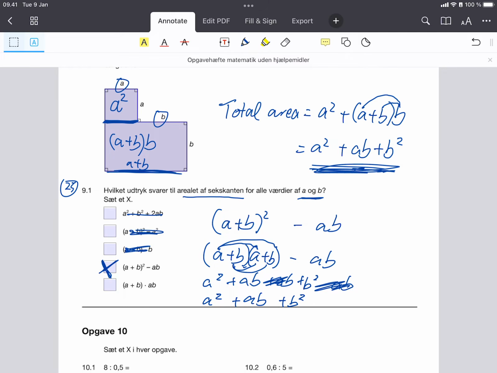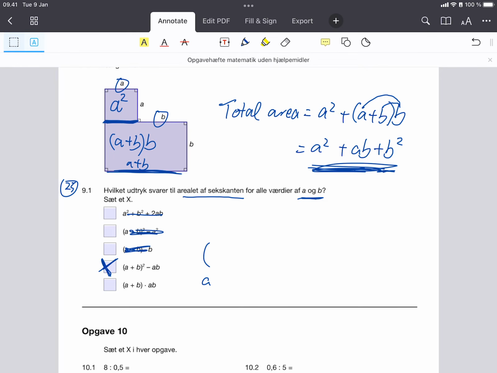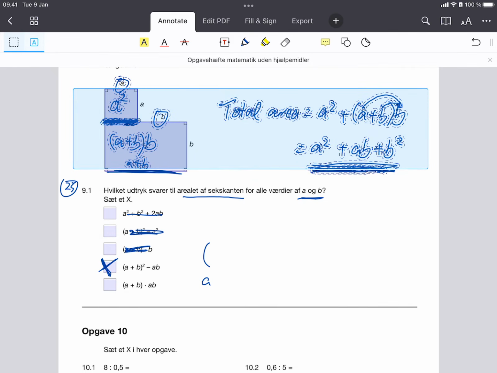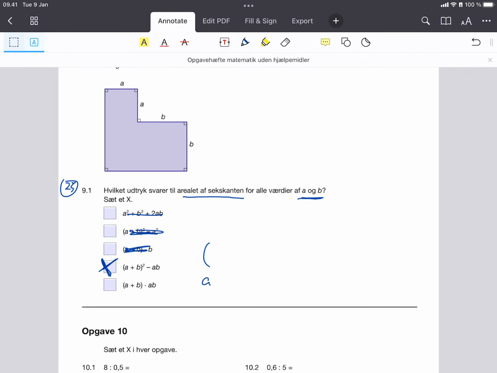Okay, so I'll just tidy up a bit here. Quite the mess I made there, wasn't it? There is actually, now that I think about it, a more intuitive way to think about this.